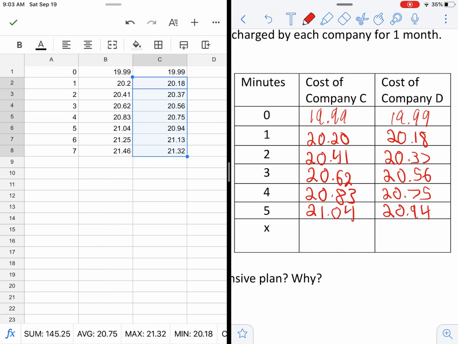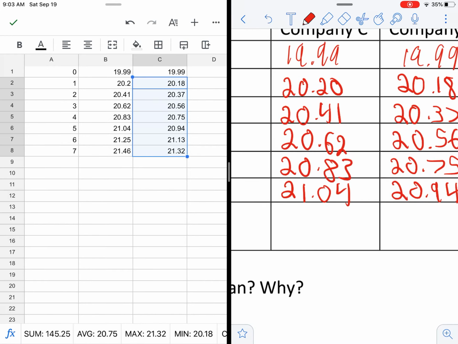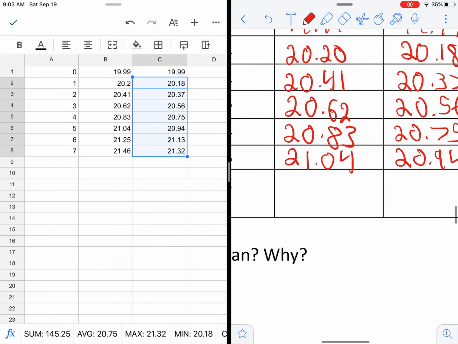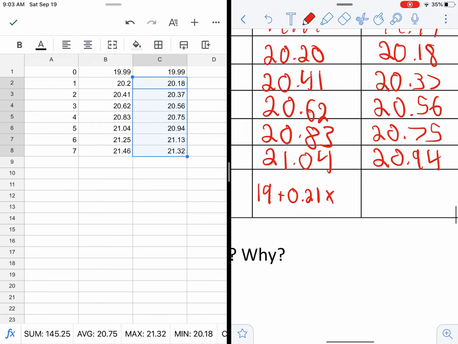All right. So in place of X, I'm going to just write a formula that models what's going on. So in this first pattern with company C, I can tell that they're charging us $19.99 plus an additional 21 cents per minute. Okay.